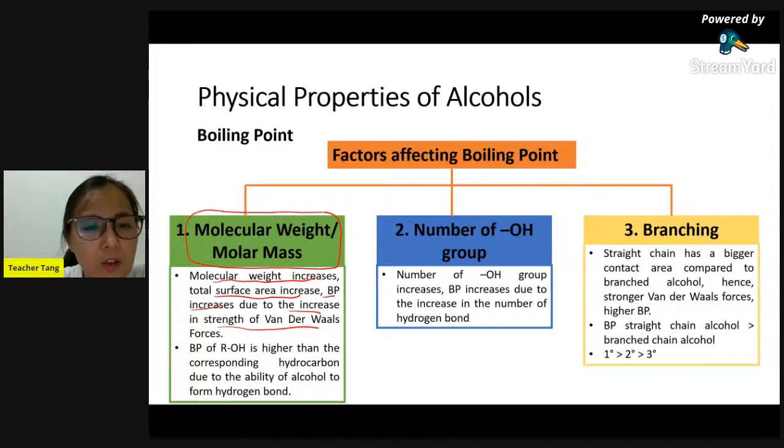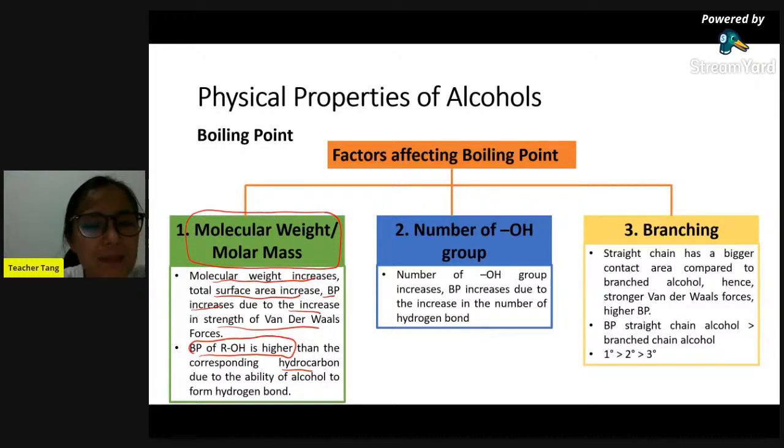Okay, so basically, if compared to the hydrocarbon, generally alcohol will have higher boiling point. So why does alcohol have higher boiling point compared to the hydrocarbon?